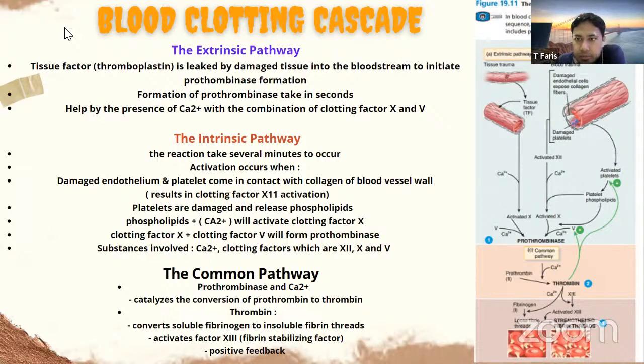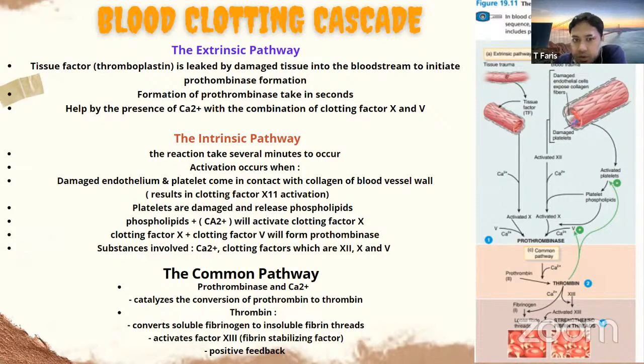Yes, okay, good. If it's too deep and it's also affecting the small area inside the blood, the body will decide to use the intrinsic pathway.